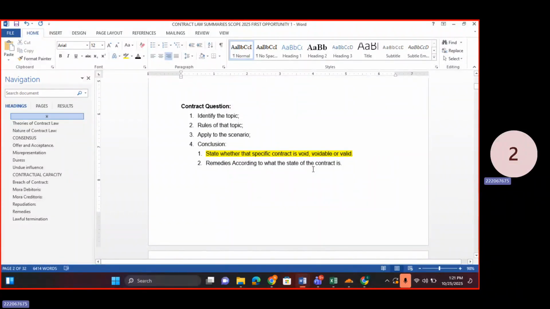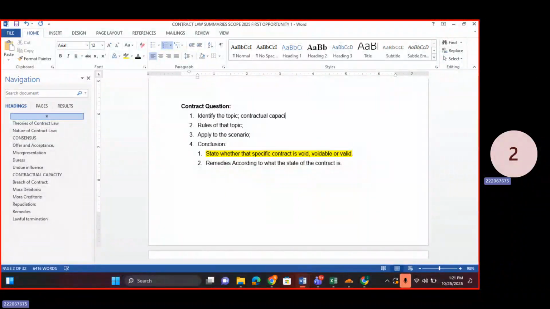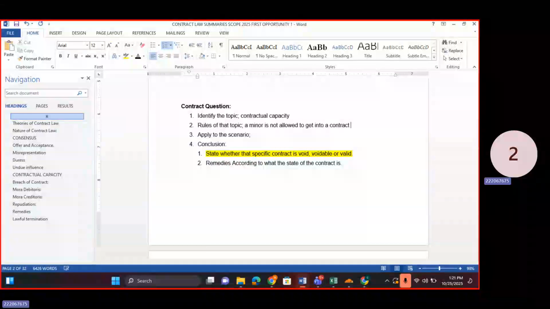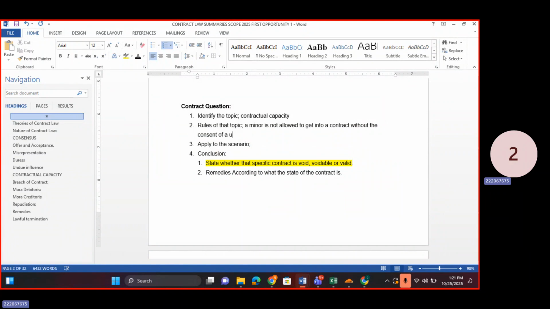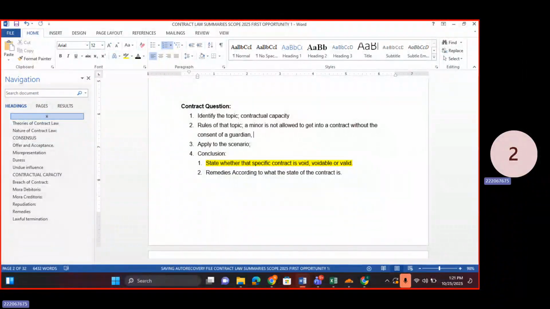Like in that scenario that I gave you, the topic there is contractual capacity because it's a 13-year-old who entered into a contract. The rule of contractual capacity is that a minor is not allowed to get into a contract without the consent of a guardian. That's the rule of contractual capacity.